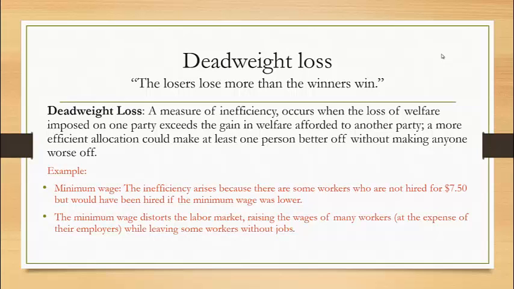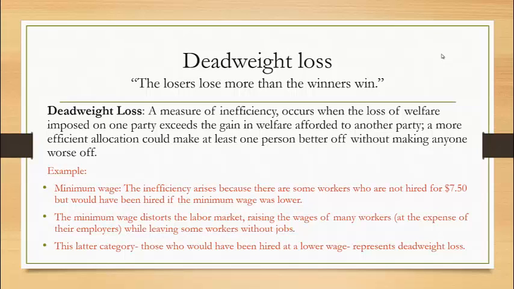We say people should at least be able to buy food or have minimum shelter, and in order to do that, they need to make a minimum wage. So there are many other considerations besides efficiency. But if we are assessing a policy simply from the efficiency perspective, what we're looking for are places that are inefficient as a result of the structure of the policy. And minimum wage is a great example of that.